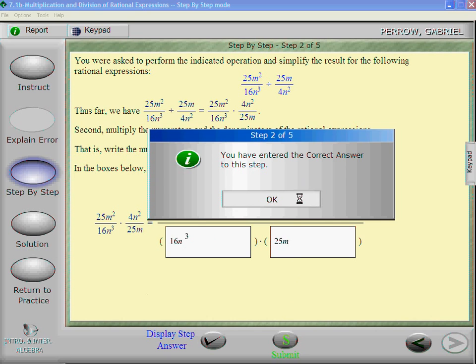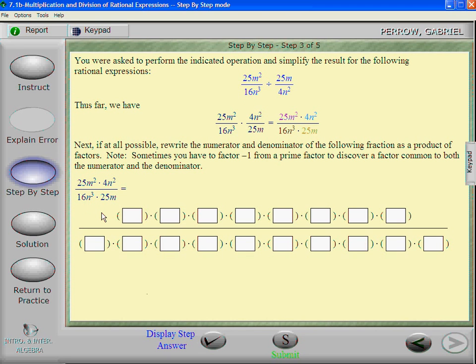Okay. So if you do things out, remember the factor tree idea. You could take 25, prime factors are 5 and 5, 4 would be 2 and 2, I could put the 2's first, I guess it doesn't matter, m squared, m and m, n squared, n, and then down below, 16.